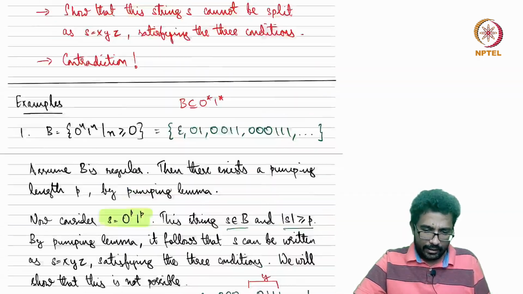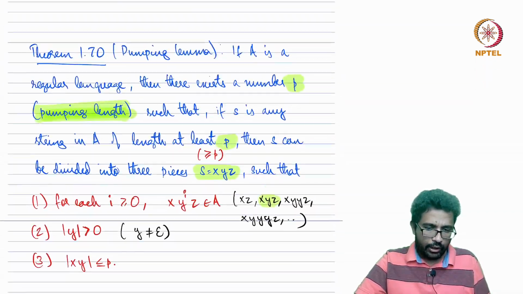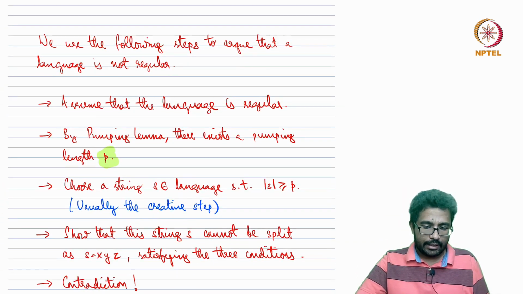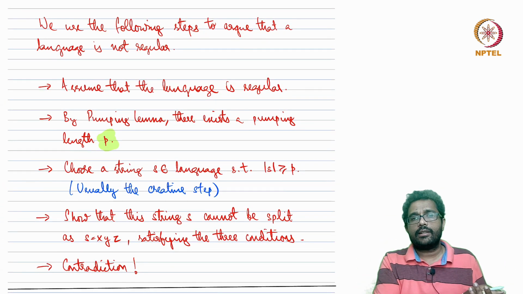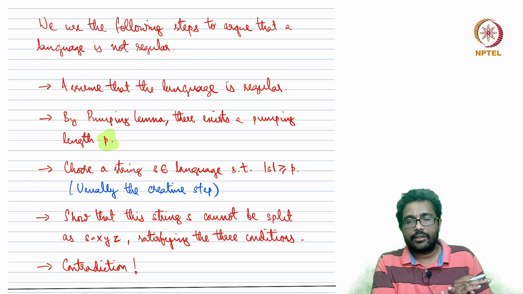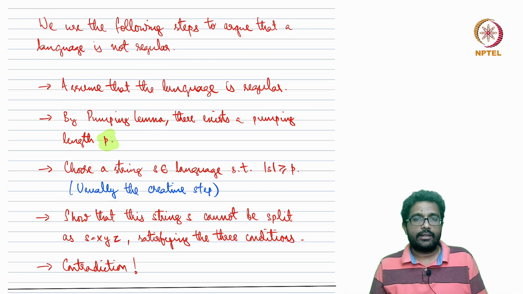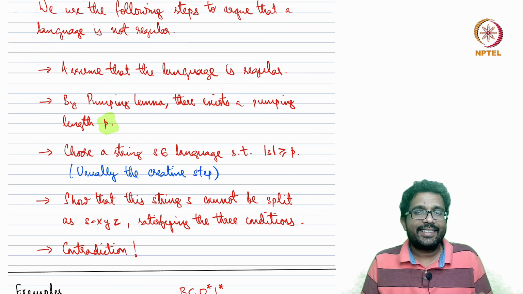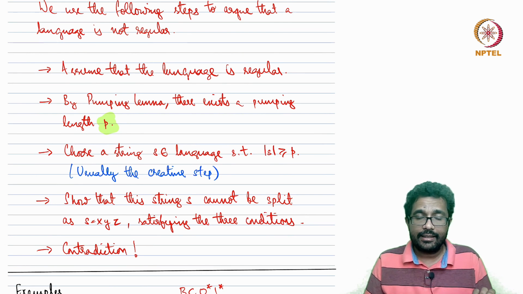Just summarizing, we demonstrated how to use the pumping lemma. This is the standard template. We assume the language is regular, then we choose a string that is in the language and of length greater than or equal to p, and show that the string cannot be split. The choice of string is entirely ours.